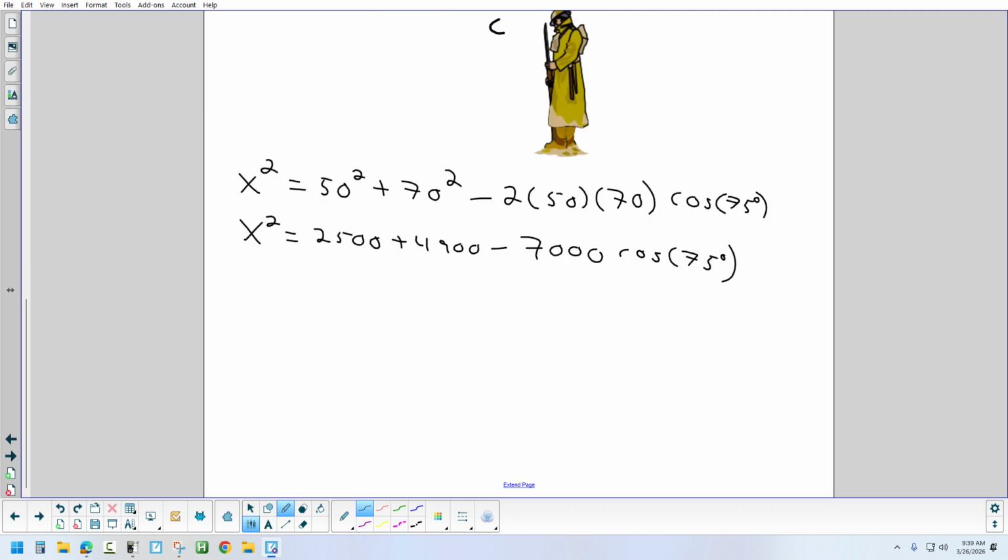One more thing I can combine before we put it in the calculator: what's 2,500 and 4,900 give us? 7,400. The rest we can't do anything else with unless we round it, and we don't want to round it.